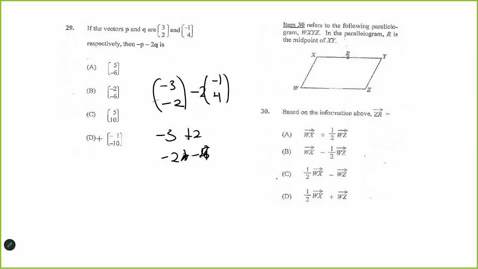So it would be negative 1, negative 10. Alright, this one here, alright.